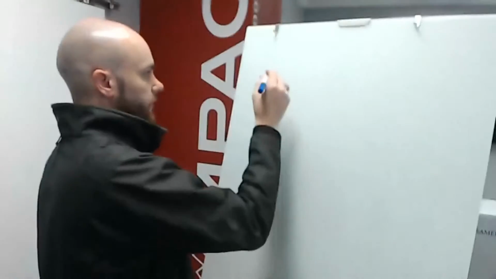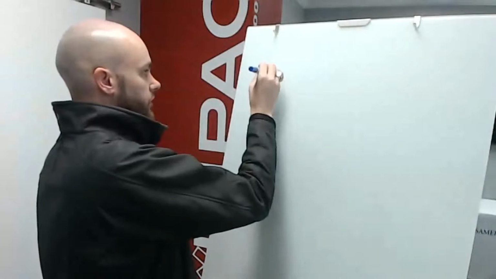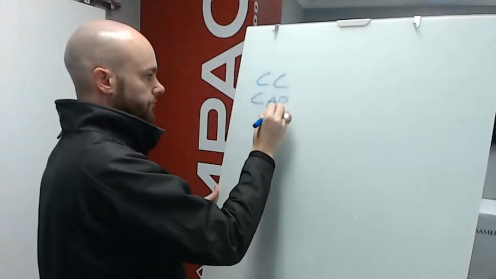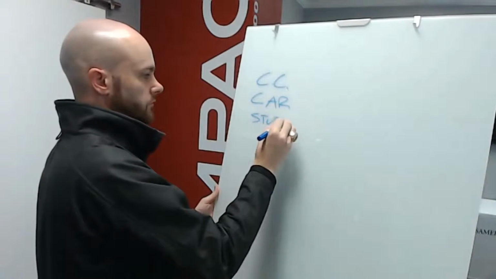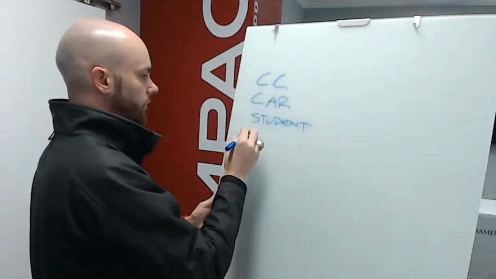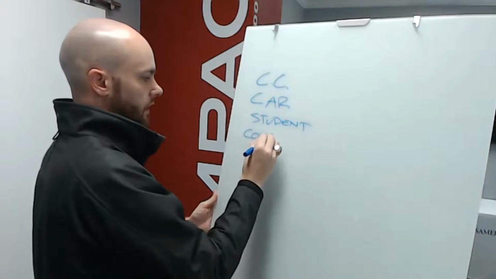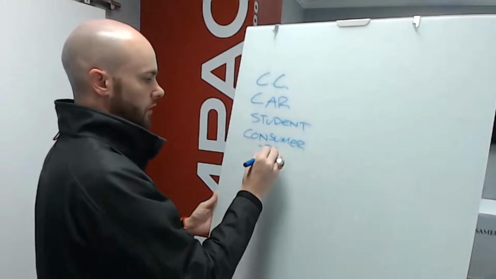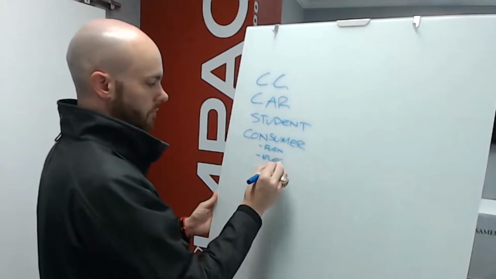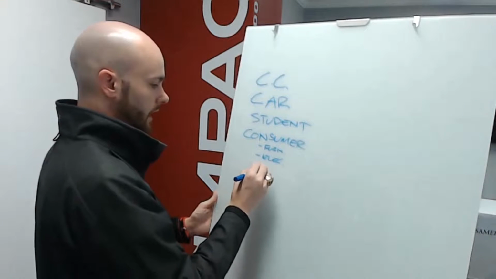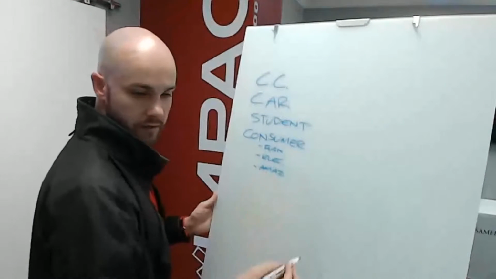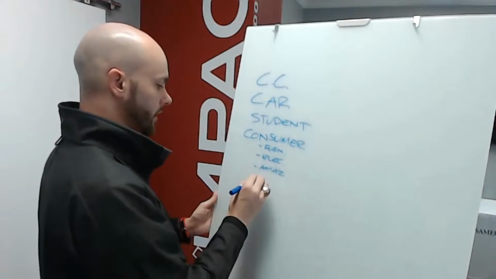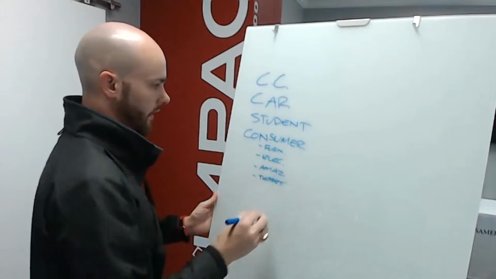There are different places we can have debt. Let's do the most common ones. We have credit cards, cars, student loans, and any consumer debt, which may be like a furniture store or an electronics store, or, more commonly, what we're seeing a lot now, Amazon accounts, Target online, Walmart, and things like that.